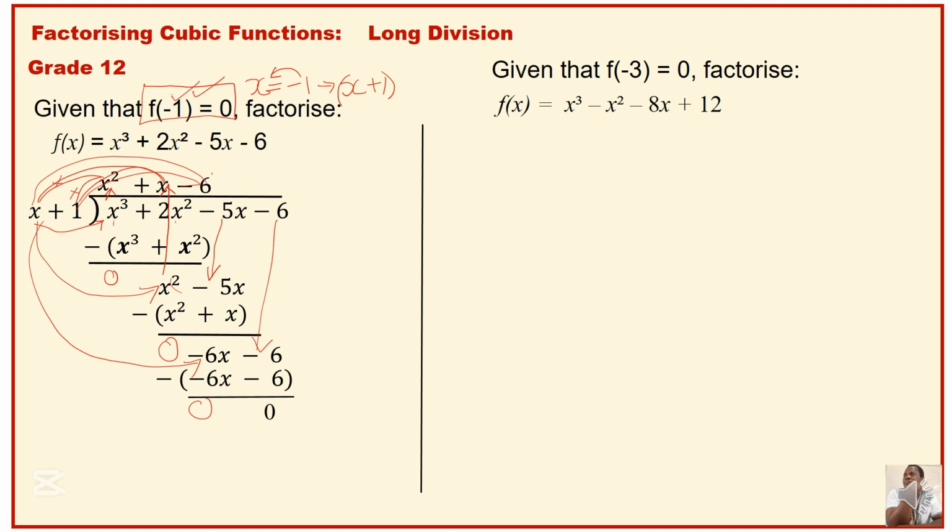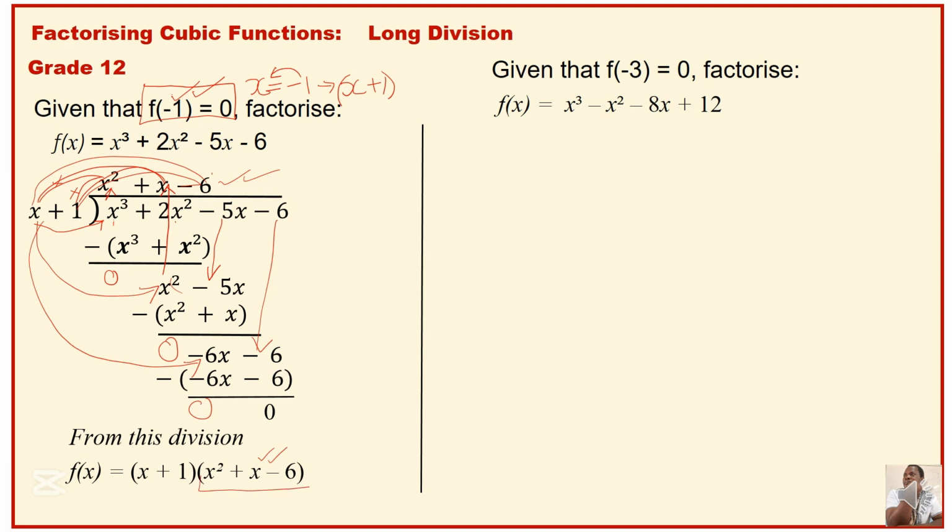So after completing this division, I put the two answers that I have in brackets. The first expression is x plus 1. That is the factor that I have used. The answer that I got is x squared plus x minus 6, the one on top there. That is the one I put in the next bracket. Then to complete my factorization, this is a quadratic expression.